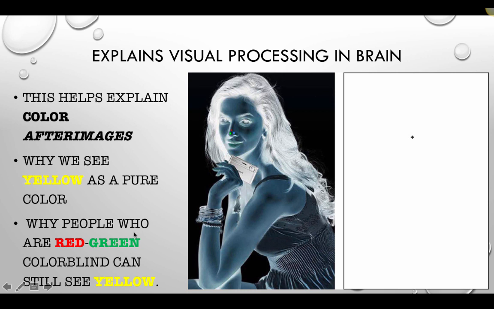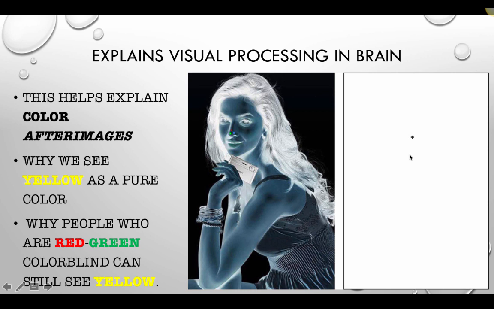Now, here's how an after image works. If we're staring at an image, let's say a red triangle, our brain will hold that red triangle image constant. But if we look away from the red triangle and we look at a white wall, that white wall means we're seeing equal amounts of red and green. Remember, if we see red, green, and blue in the same spot, we perceive white.